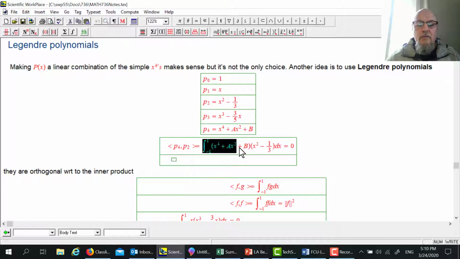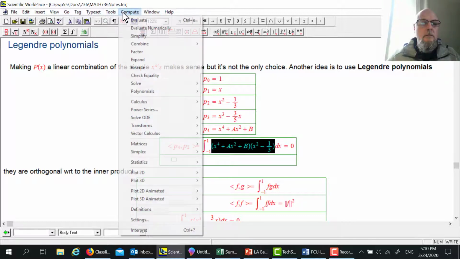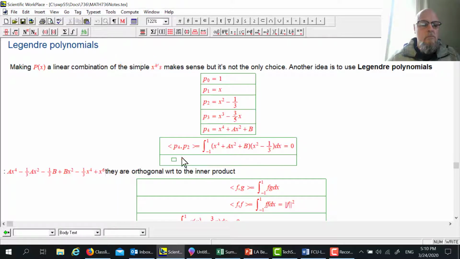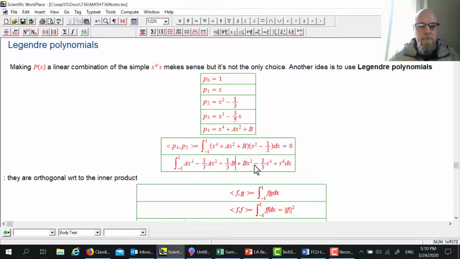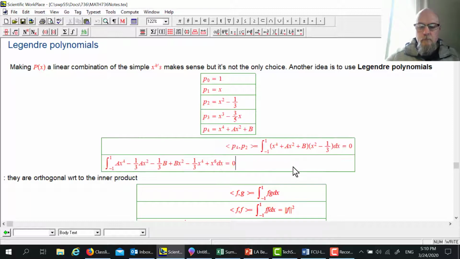So let's expand this out, clean this up here. So now all I've got to do is do this integration. It's a bunch of add one to the exponents, divide by what's up top.